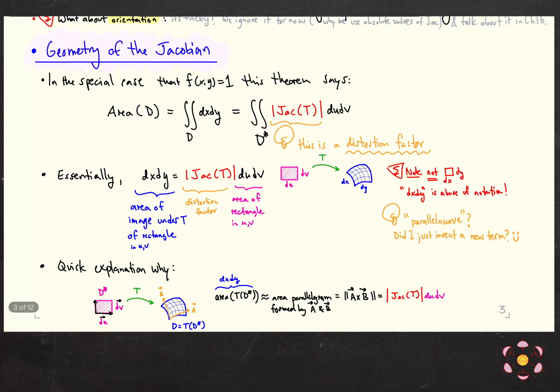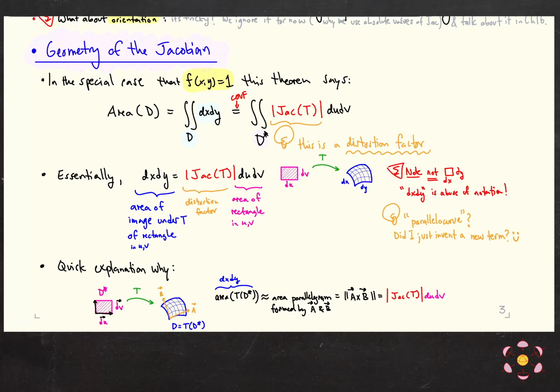So what is the geometry of the Jacobian? Starting first with the constant function 1, the change of variables formula tells us the following. If we start with the area of a domain D, we can write that using a double integral: just integrate the function 1 over the domain D using the x and y coordinates.